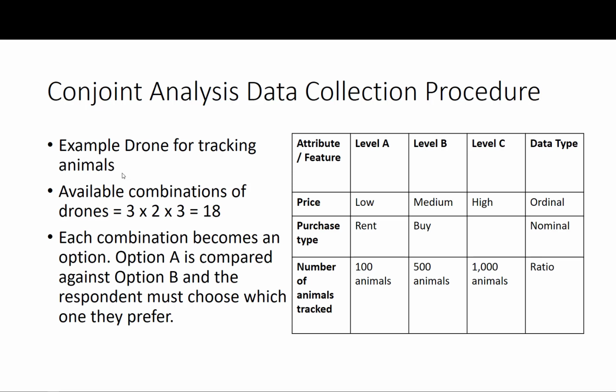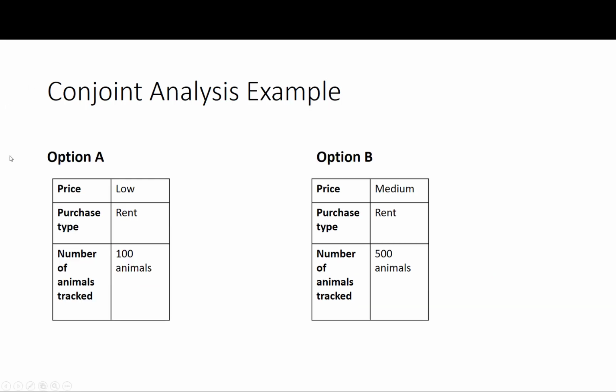So we have combinations of 3 by 2 by 3. So we have 3 alternatives by 3 attributes. Each combination becomes an option. Option A is compared to option B, and the respondent must choose which one they prefer. So what does this look like? It means that option A, I create one alternative, where the price is low, the purchase type is for rent, and the number of animals that can be tracked is 100.